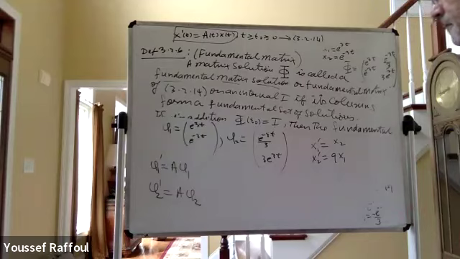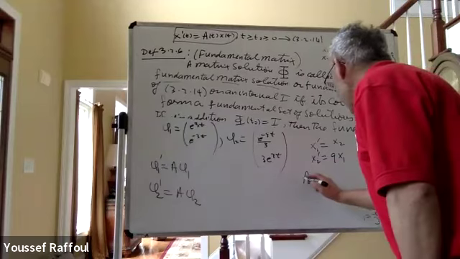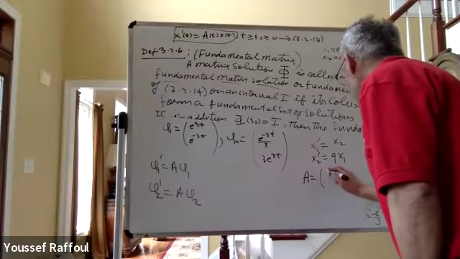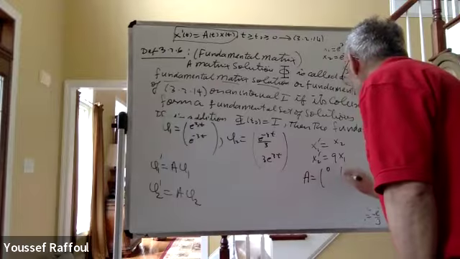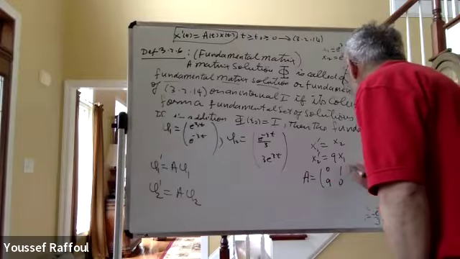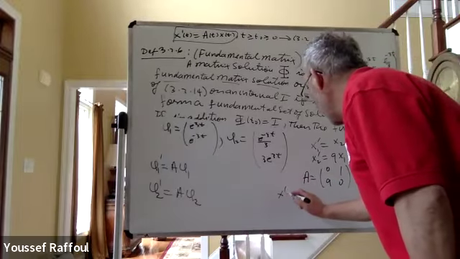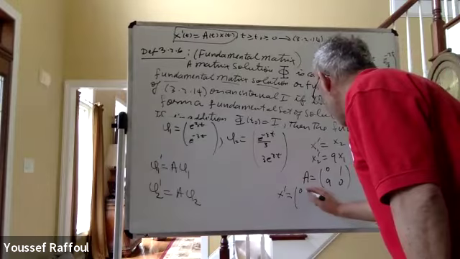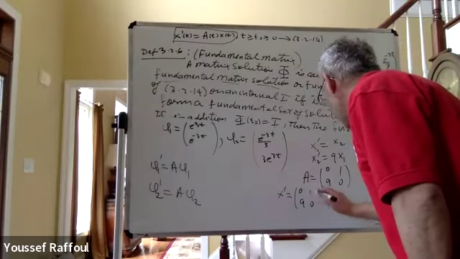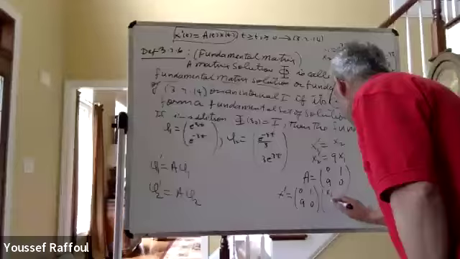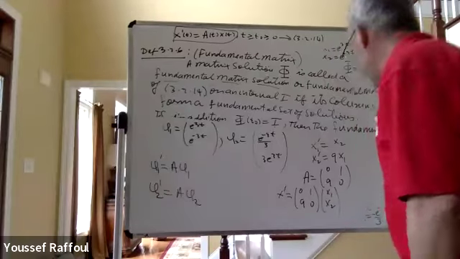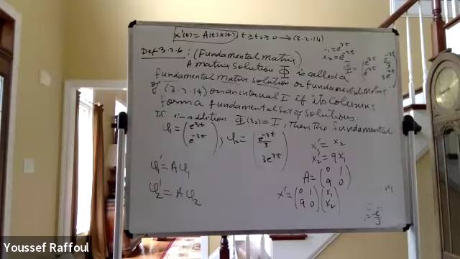Okay. So what is the matrix A? The matrix A is 0, 1, 9, 0. So this system is written as x prime equals 0, 1, 9, 0 times x1, x2. Okay?